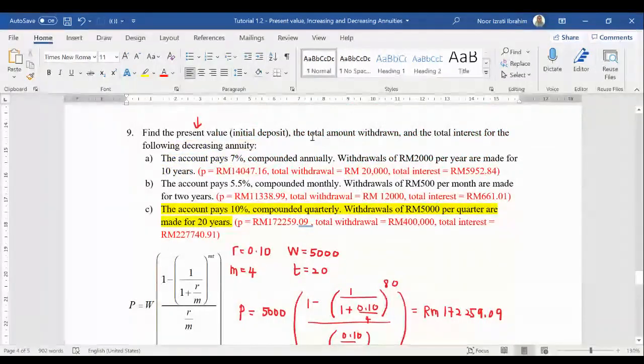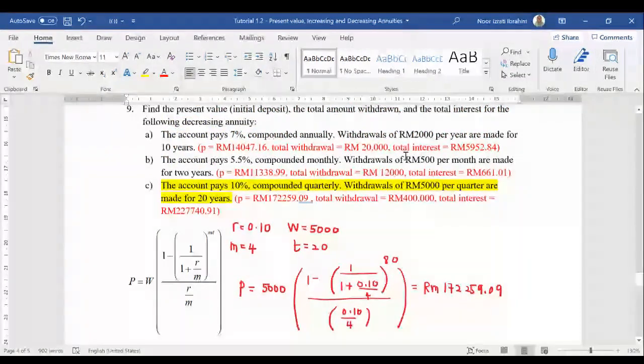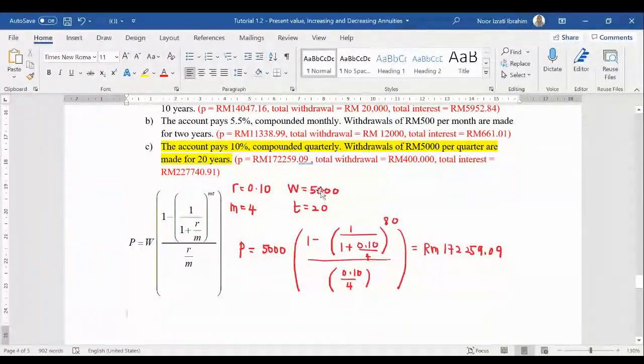Next, what you need to find is the total amount withdrawn. Withdrawal amount is 5,000, withdrawn every quarter for 20 years. So first was to find present value; second, total withdrawal. You take W, which in this case is 5,000, multiplied with the number of quarters in 20 years.